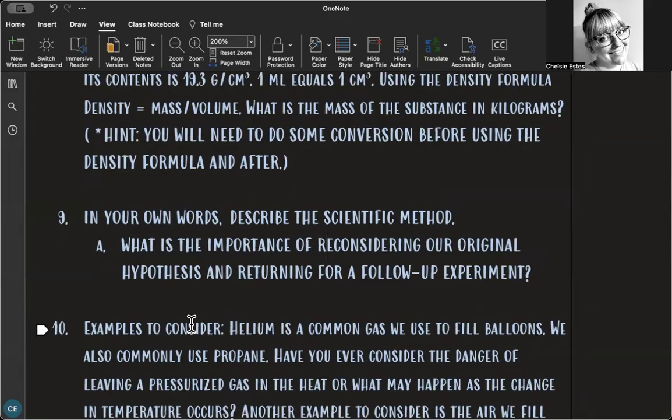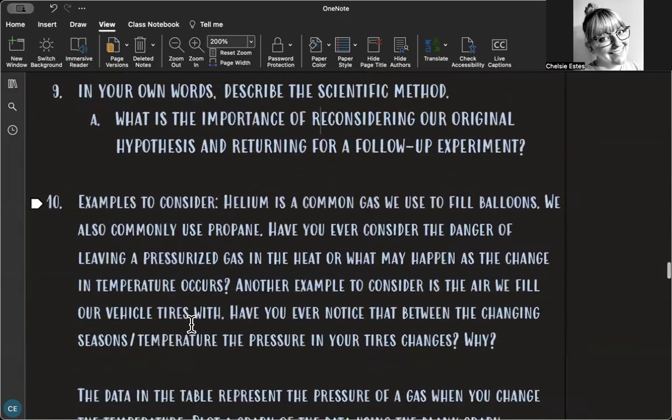Examples to consider. These are just examples that deal with gases. Helium is a common gas we use to fill balloons. We also commonly use propane. Have you ever considered the danger of leaving a pressurized gas in the heat, or what may happen as the change in temperature occurs?